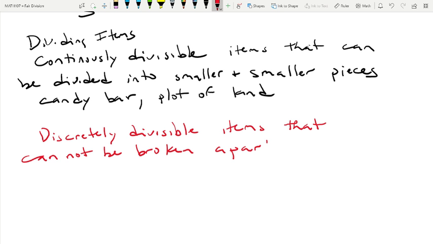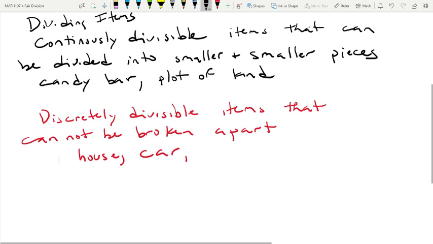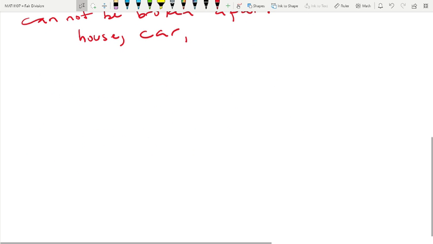An example of that would be a house, car, and so on, those things that you can't break into pieces. Then we go into several methods, and I will talk about several in this video. There are a few others in that handout that I won't go into, but they are in there.